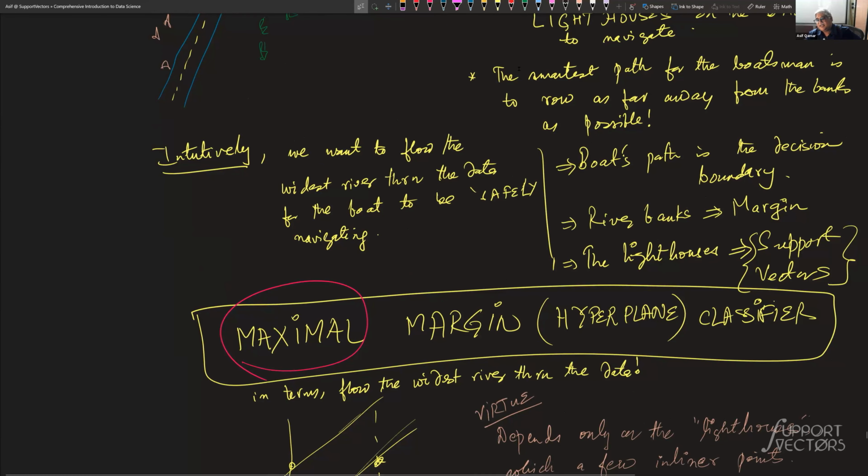So let's say this entire thing in more formal terms. Flowing the widest river through the data is the same as having maximal margin hyperplanes, right? Creating two maximal margin hyperplanes. All points on the maximal margins are called support vectors. The median plane between the maximal margins is the decision boundary, right?